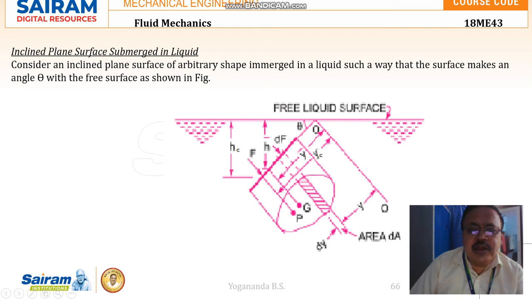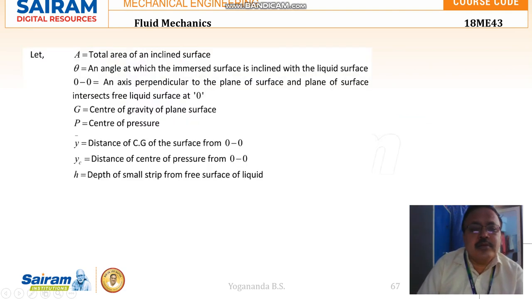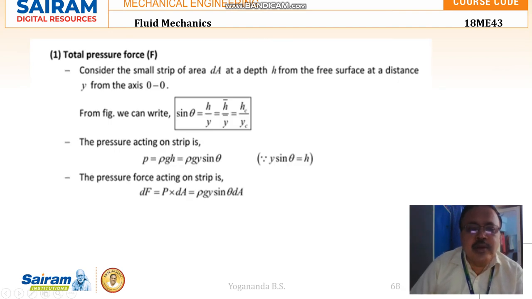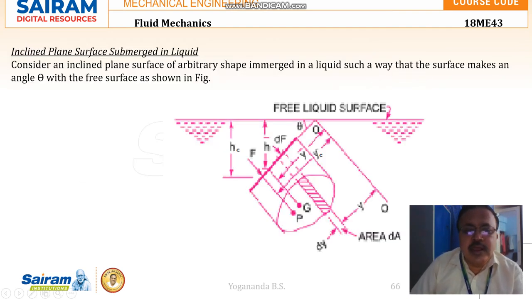If I consider this small right angle triangle, sin theta is equal to the opposite side h by the hypotenuse y, so h by y. Similarly, considering the position of G, in another smaller right angle triangle, sin theta is the opposite side h bar divided by the hypotenuse y bar.